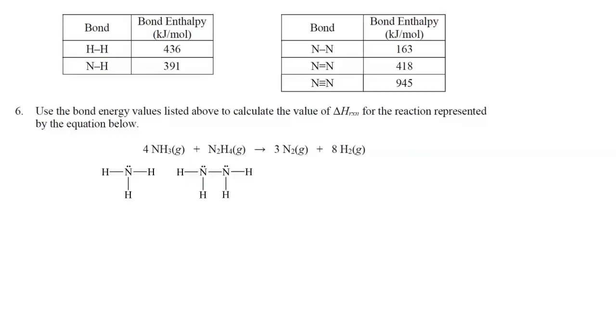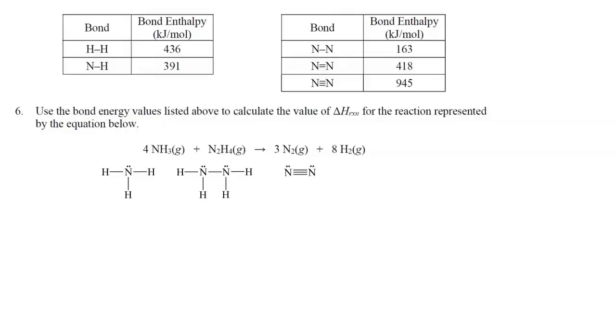On the other side of the equation, you may have to sketch out the Lewis electron diagram for nitrogen to double check if that's a single or double or triple, because all 3 of those bonds are listed in the table, but the correct answer for the N2 molecule is it's going to be a triple bond.